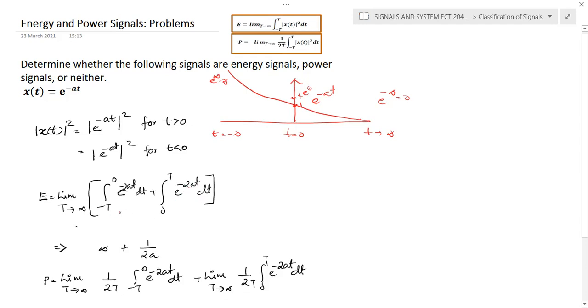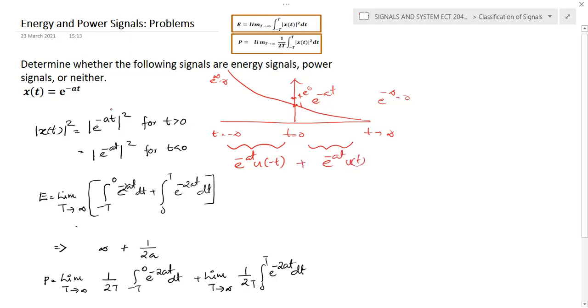And if you split these two things, it's something similar to your previous question. This part is e raised to at into u of minus t, and this part is equivalent to e raised to minus at into u of t.